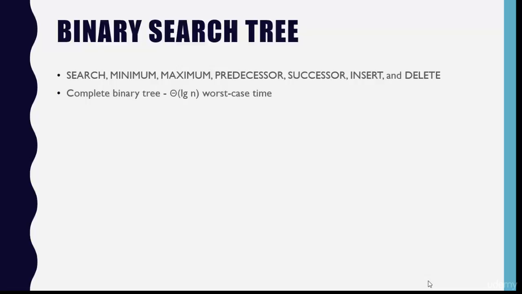The expected height of a randomly built binary search tree is order of log n, so that the basic dynamic set operations on such a tree take theta log n time on average. In practice, we can't always guarantee that binary search trees are built randomly.